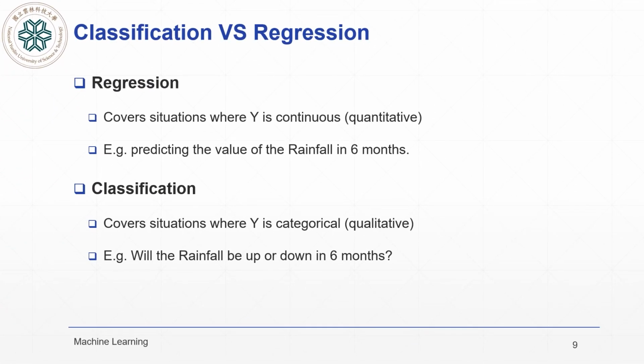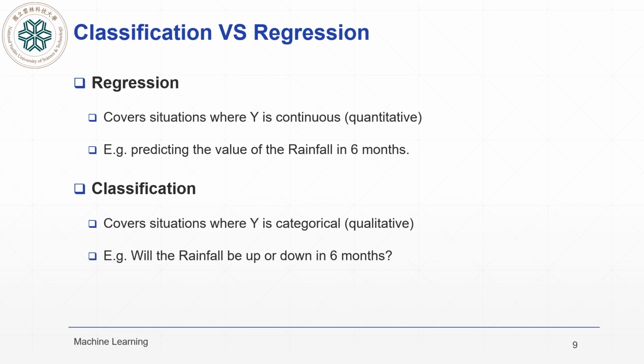Let's compare regression and classification methods. In regression, we have continuous or quantitative labels. And for classification, we have categorical or qualitative labels. For example, in regression, consider a situation where y is continuous.